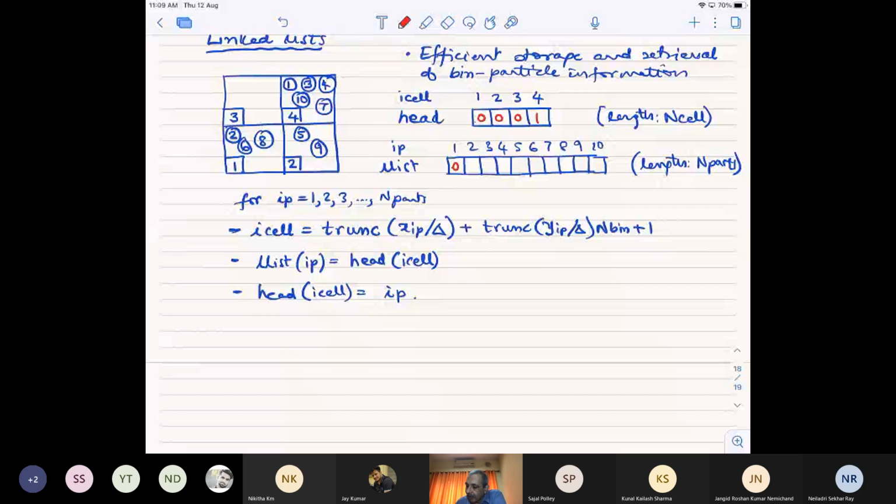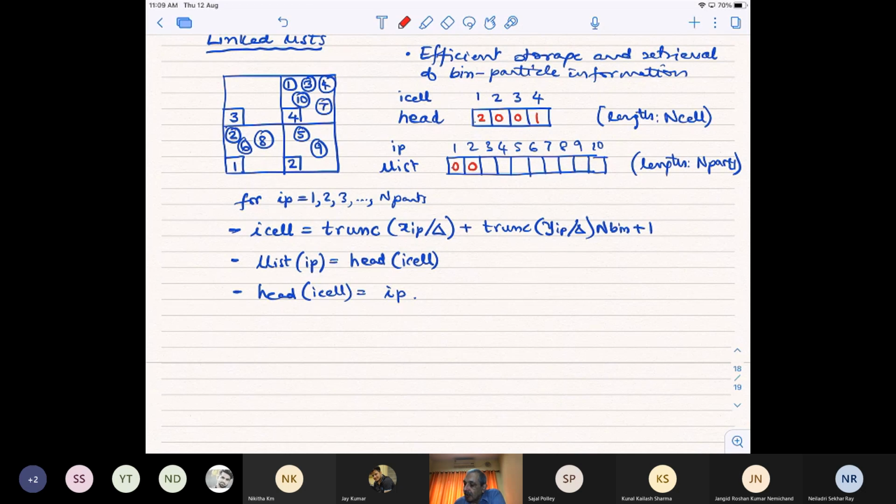Now let's go to the second particle. The second particle is in I cell 1. This is also 0, so I'll move 0 to this point, and instead of 0 I'll put the particle number, which is 2, over here. Now let's look at particle number 3. That's again in 4.